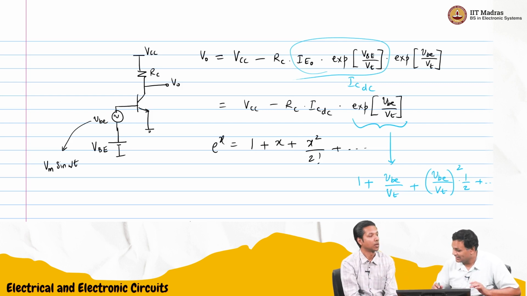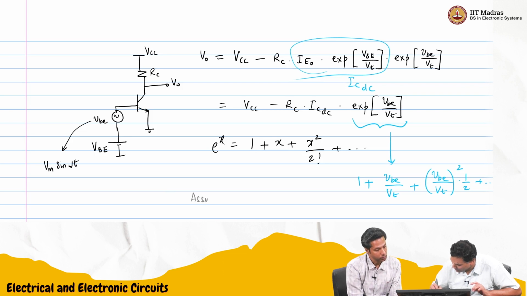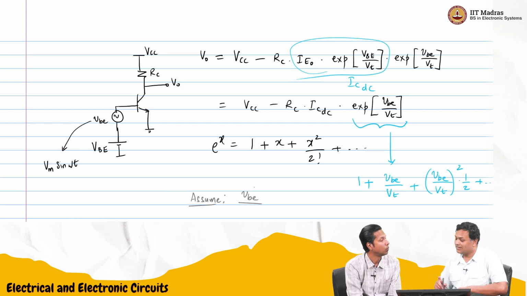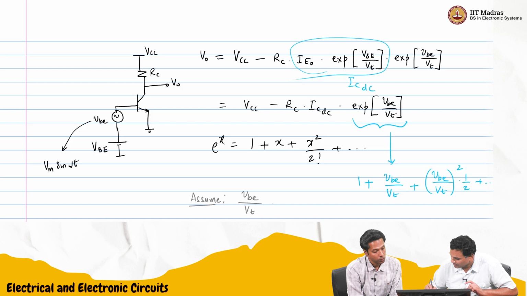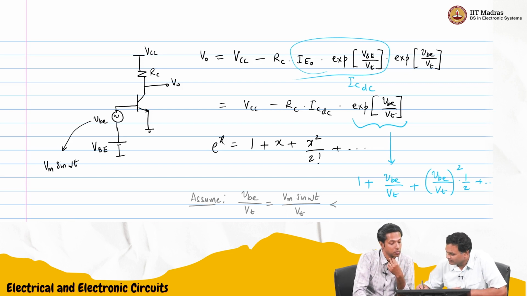The assumption is that Vm sin omega t is much less than 1.